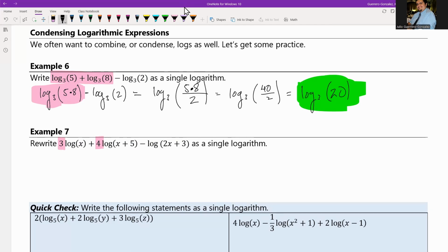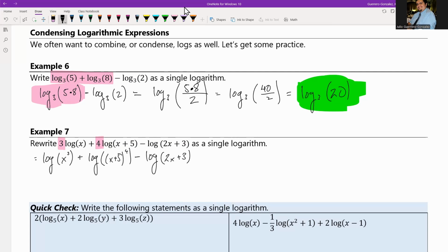This is going to be equal to log of x cubed, plus log, I'm going to do double parentheses here, (x plus 5) to the 4th, minus log of (2x plus 3). That thing at the end is just coming along for the ride. I'm not doing anything extra for now.